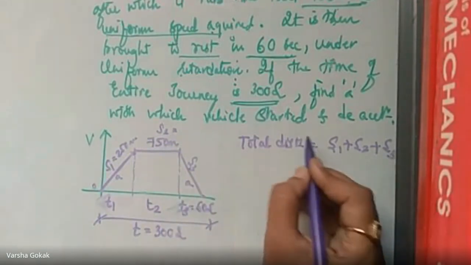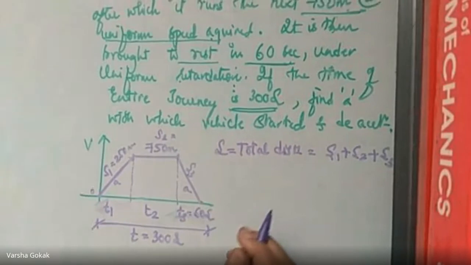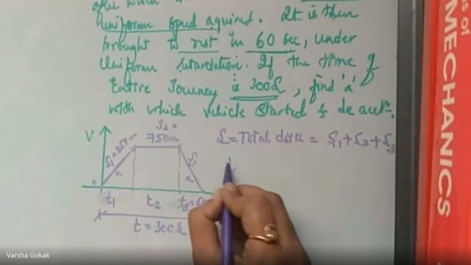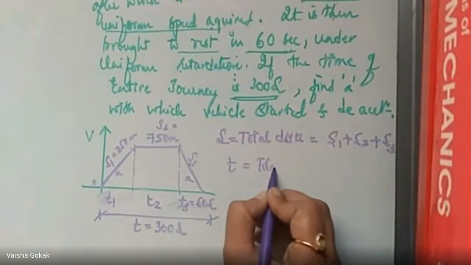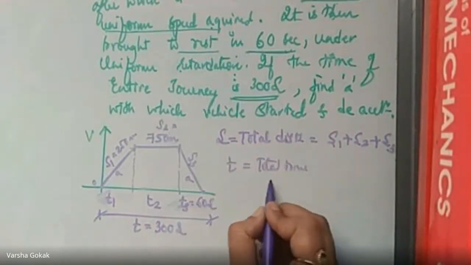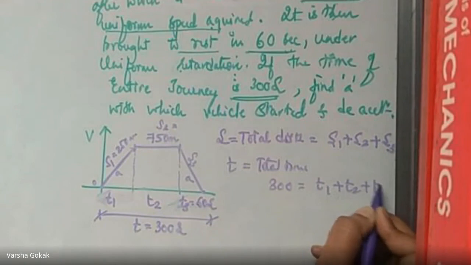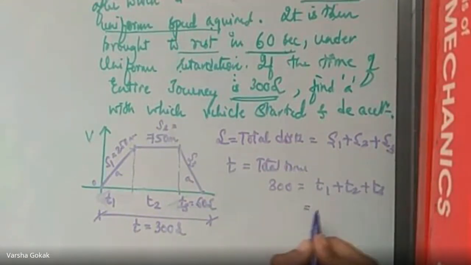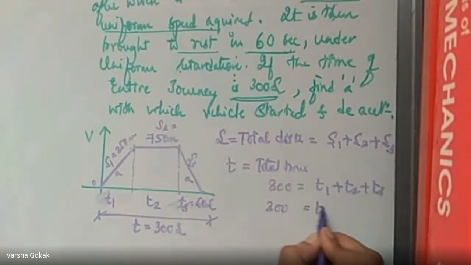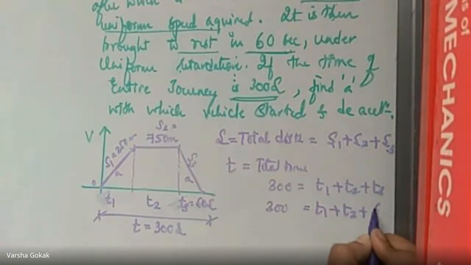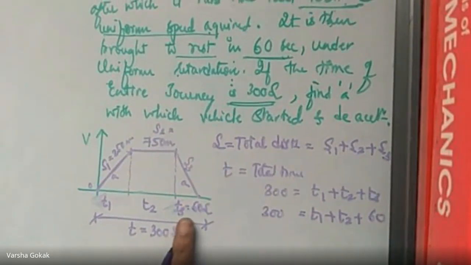Total distance I can call S. Similarly, time T is the total time, which is 300, the summation of T1 plus T2 plus T3, where T3 is given. That is 300 equals T1 plus T2 plus 60.